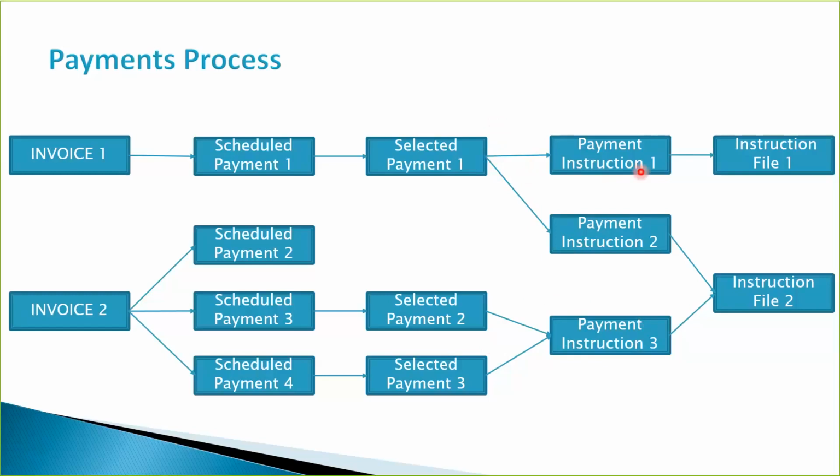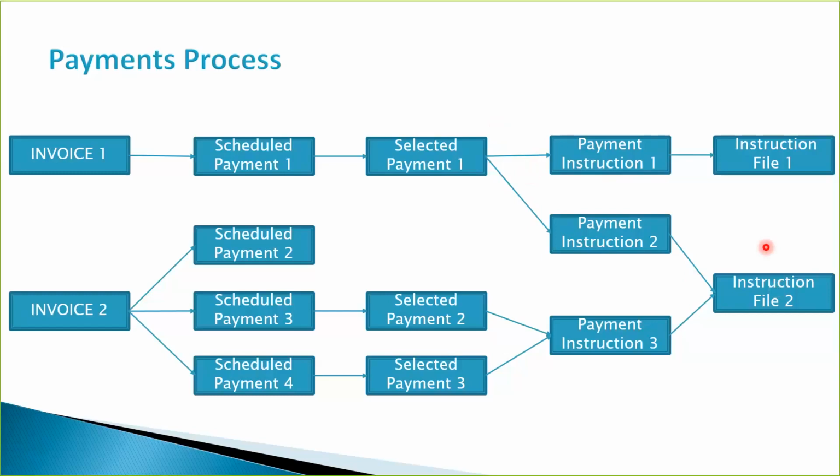Once you do a payment, the system generates what is called an instruction file. Basically, we can say the instruction file is the last step of the process. An instruction file can be the check that has been printed, all right?